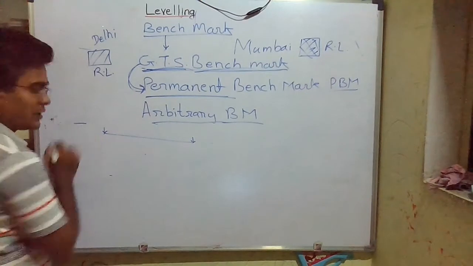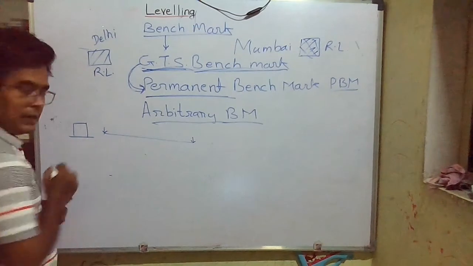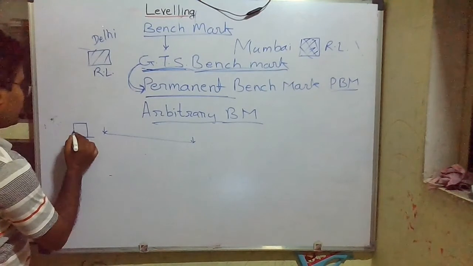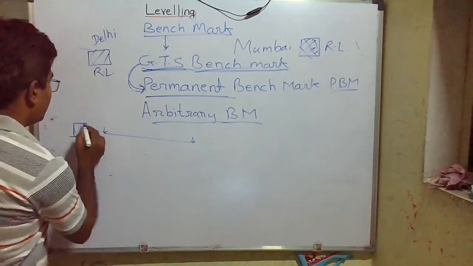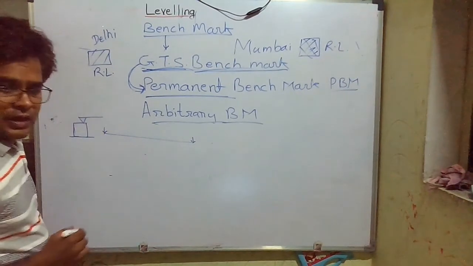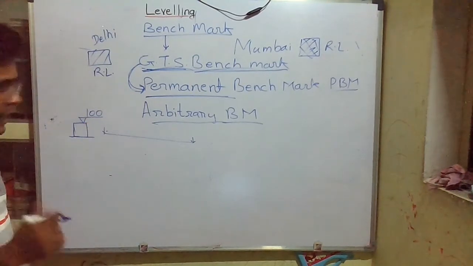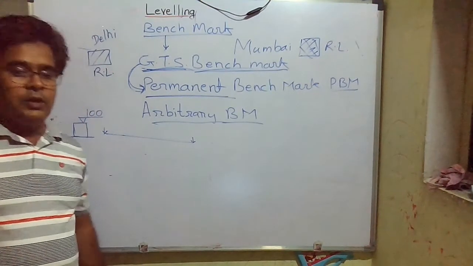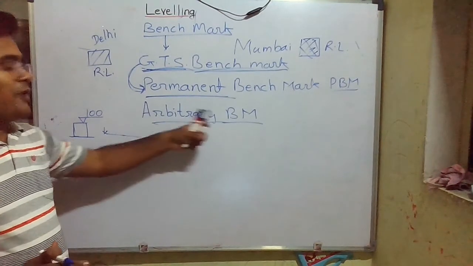If there is any fixed object here, suppose any pillar or culvert, we can assume that permanent point at a nearby place as a benchmark, and we can assume its RL arbitrarily as 100 meter, 200 meter, like that. Then we can find the RL of the required point, for doing small work.